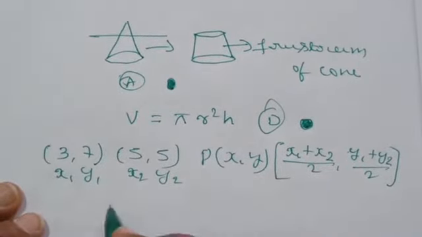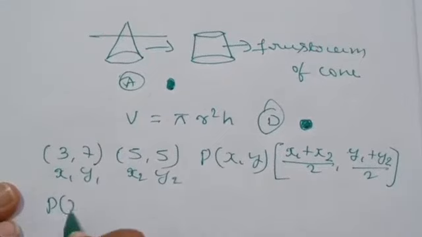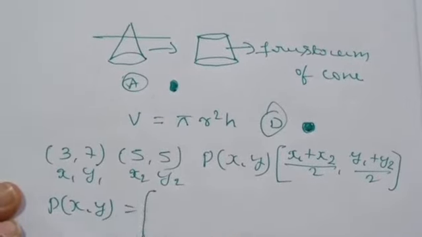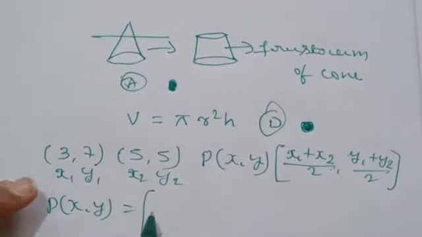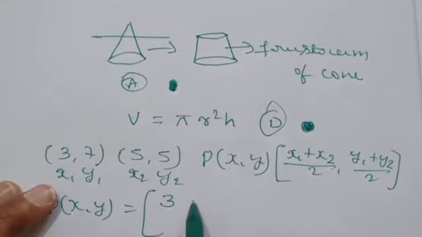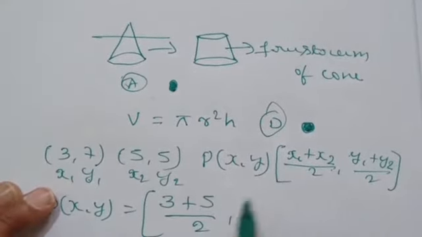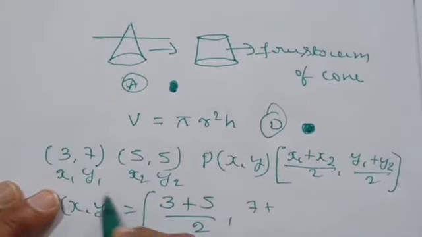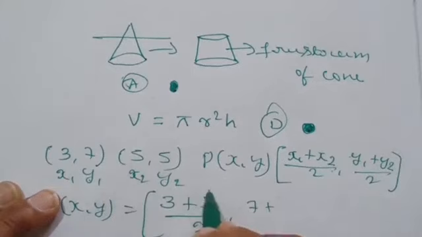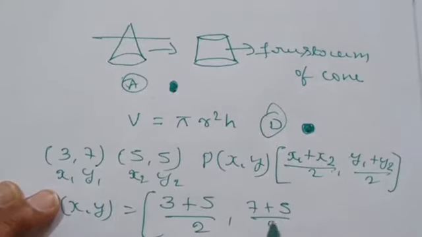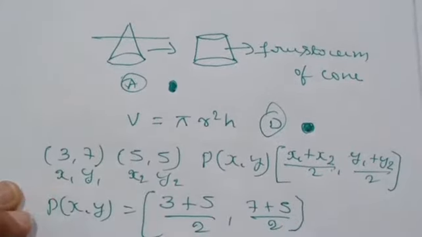So therefore I'll write here p of x comma y equals to, apply these values in this formula. X1 is 3 plus x2 is 5 divided by 2 comma y1 is how much, 7 plus y2 is how much, y2 is 5 divided by 2. So therefore simplify this.